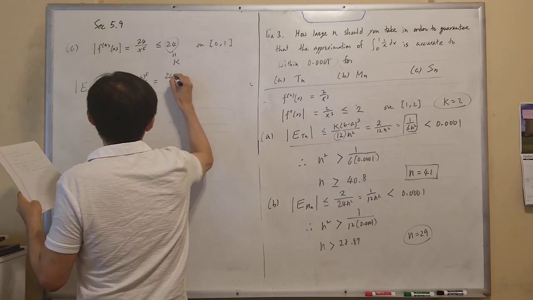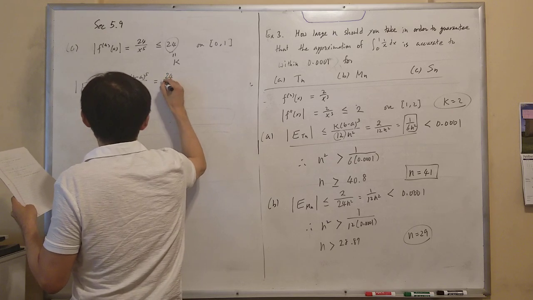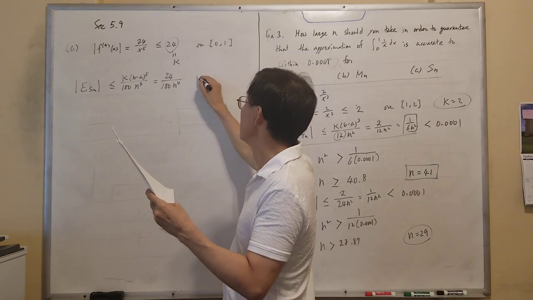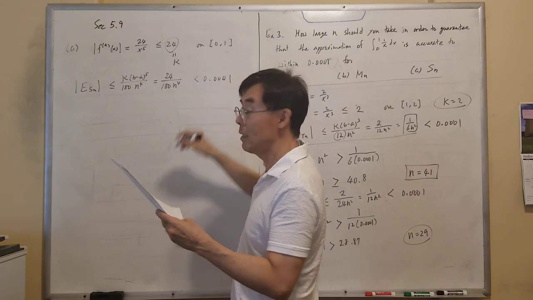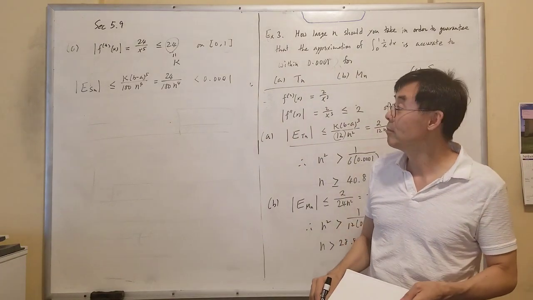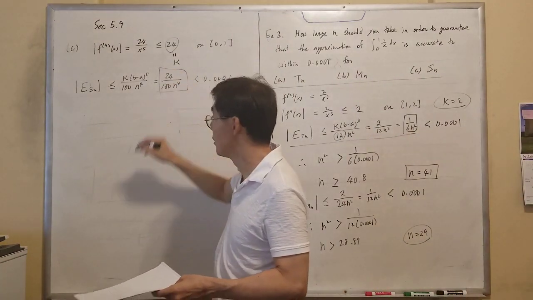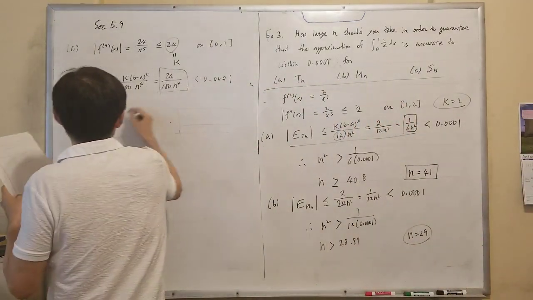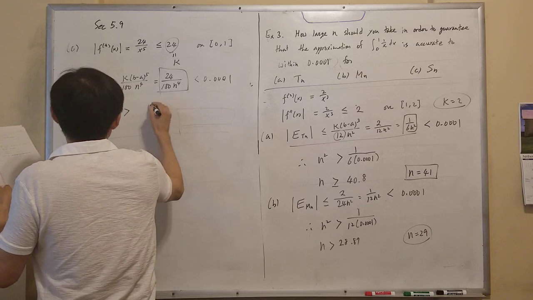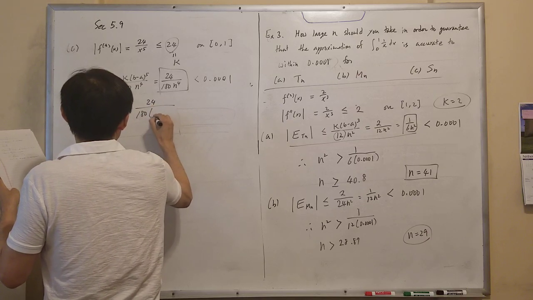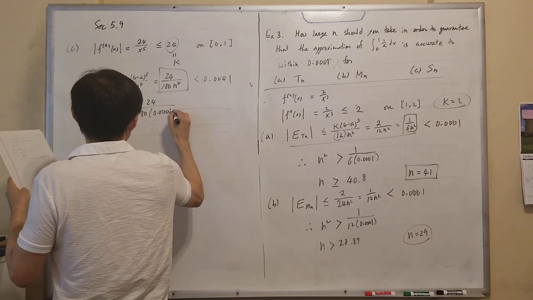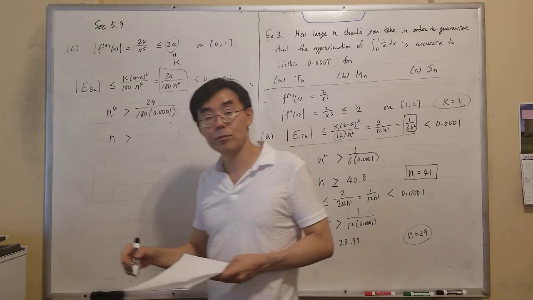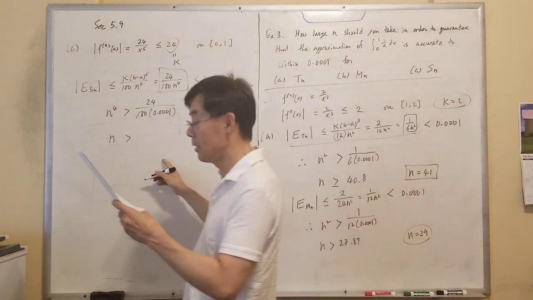Plug it in: 24 times 1 to the fifth, over 180 n to the fourth. Now we want this to be less than 0.0001, even the worst possible, largest possible error. This will be n to the fourth greater than 24 over 180 times 0.0001. And then you take the fourth root of both sides.